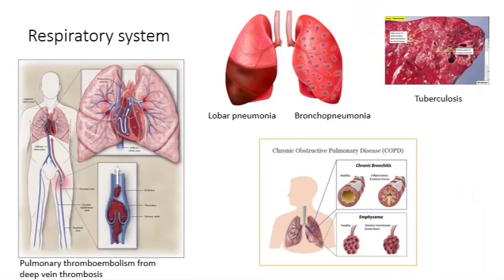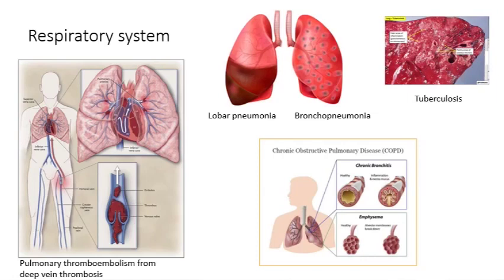Now, in terms of respiratory causes, I would say that pulmonary thromboembolism is pretty much the commonest cause. Pulmonary thromboembolism is a scenario where there are blood clots, thrombi, occurring in the deep veins of the leg or other peripheral veins, which can get detached and enter the venous circulation, travel up into the heart, the right ventricle, and then the right ventricle pumps it out into the lungs.